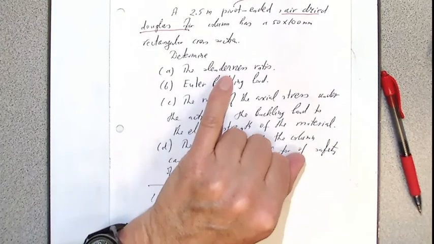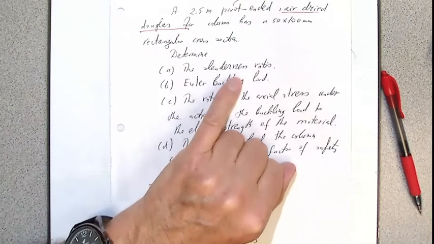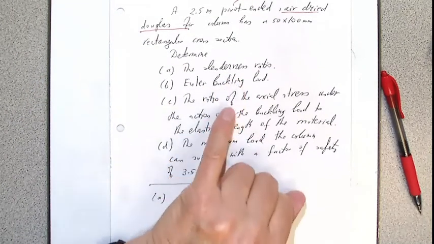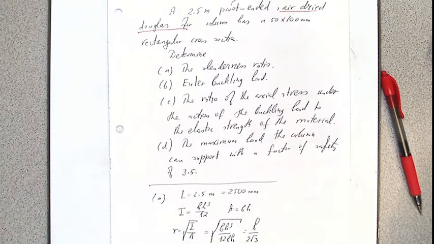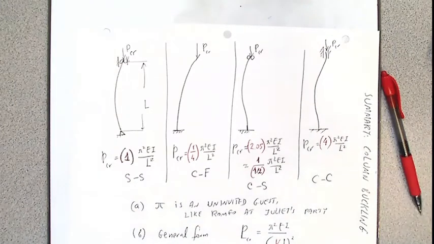Determine the slenderness ratio, then Euler buckling load. Yeah, you know what, before we proceed with this example, I would like to summarize the results that we have for beams.